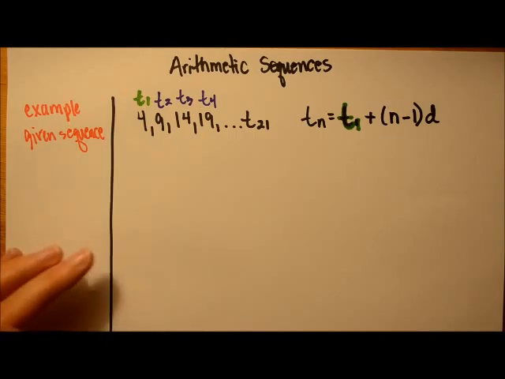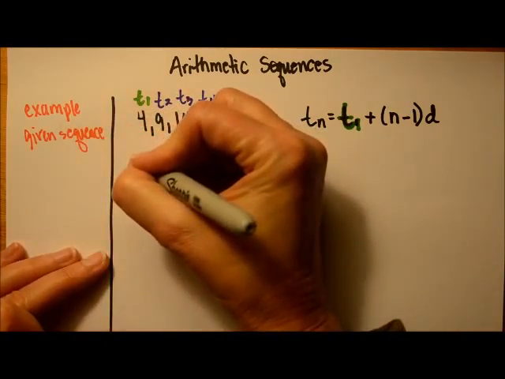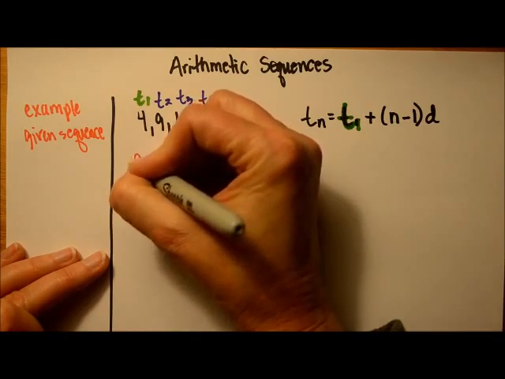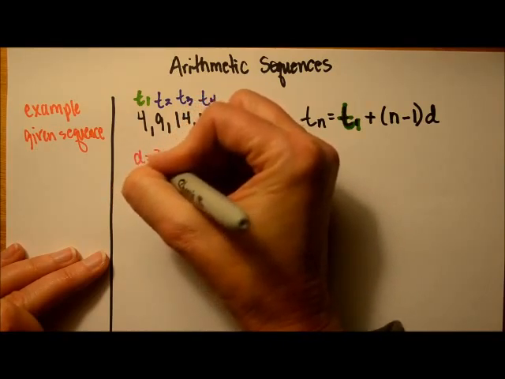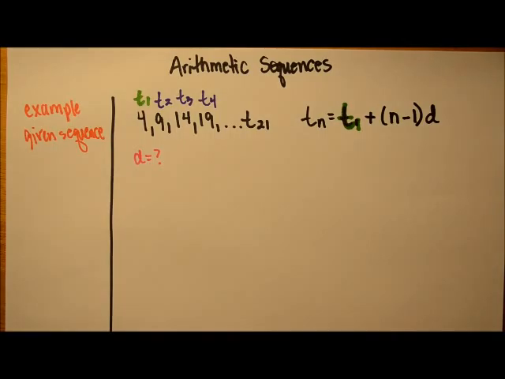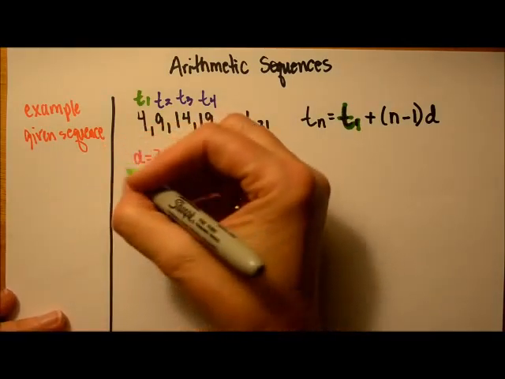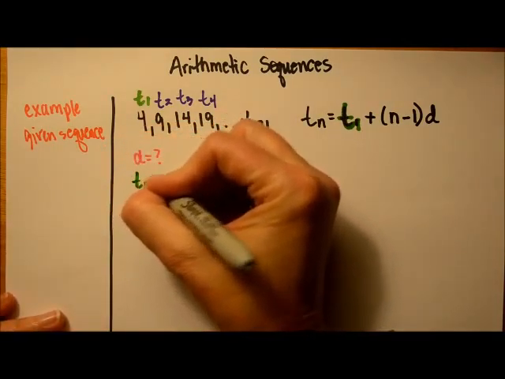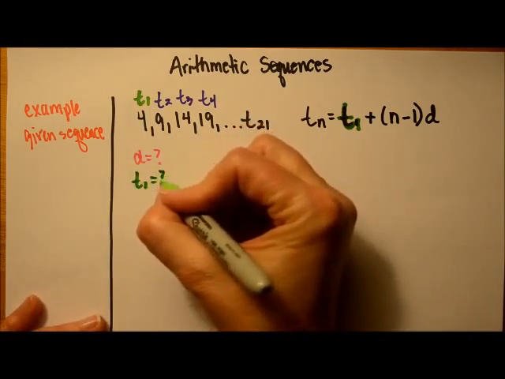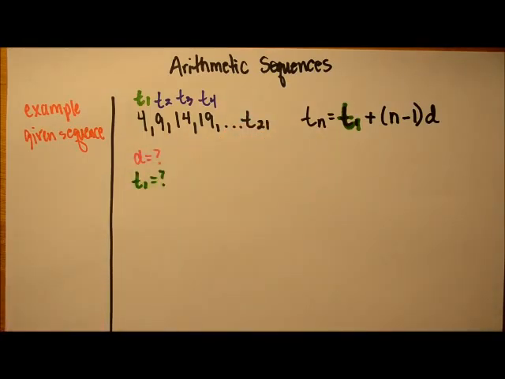So I need to know D, I need to know T1, and I also need to know N. Oh, a beautiful shade of teal.